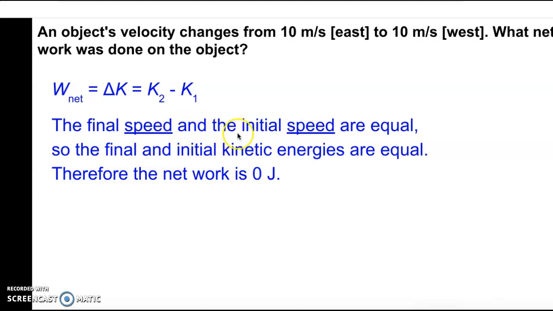If the speeds are equal, then the final and initial kinetic energies are equal as well, because kinetic energy only depends on speed. It does not depend on the direction. So east and west are just decoys in this question. The answer is that the net work done is 0 joules, because the final kinetic energy minus the starting kinetic energy is 0.